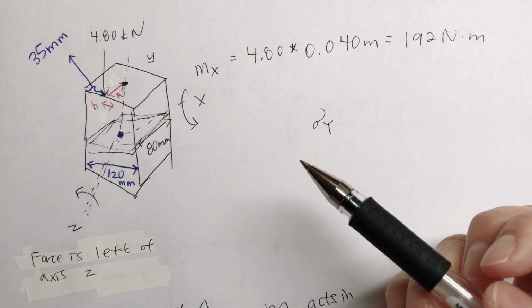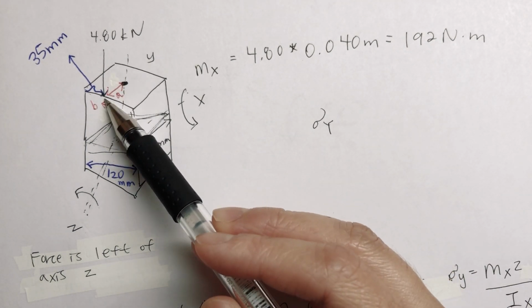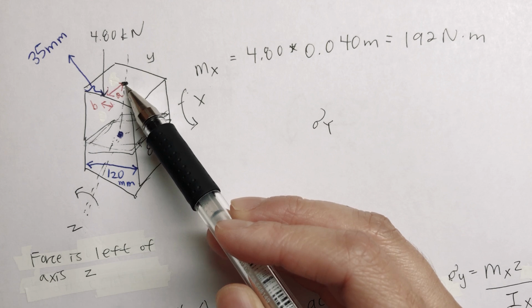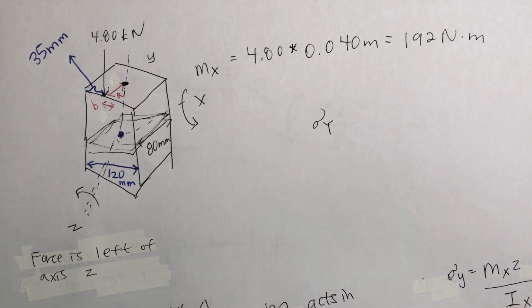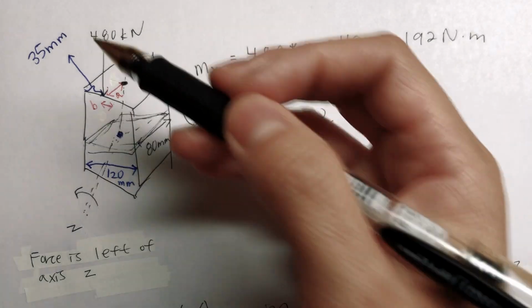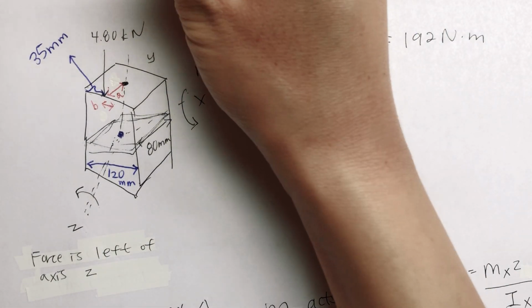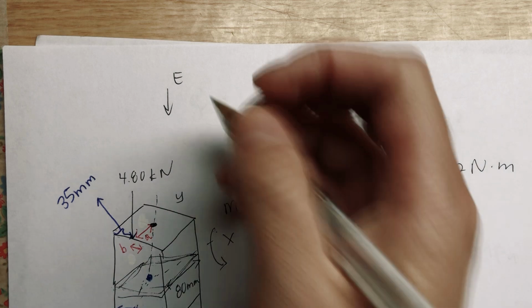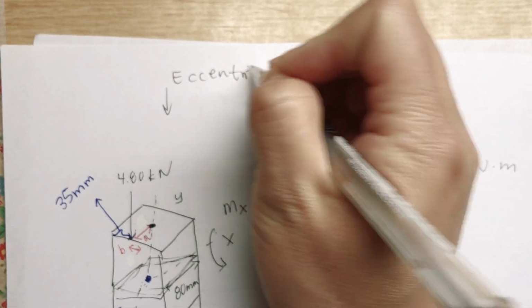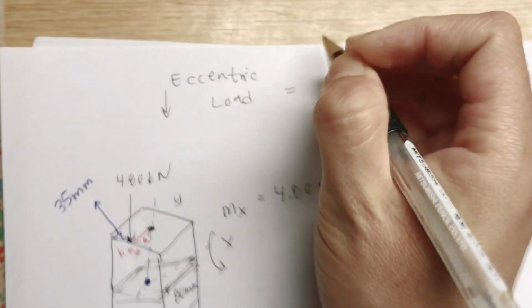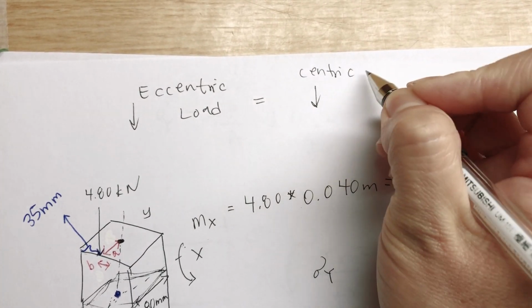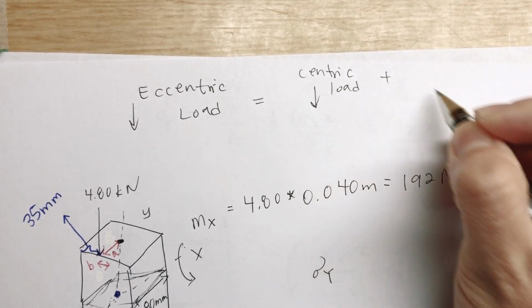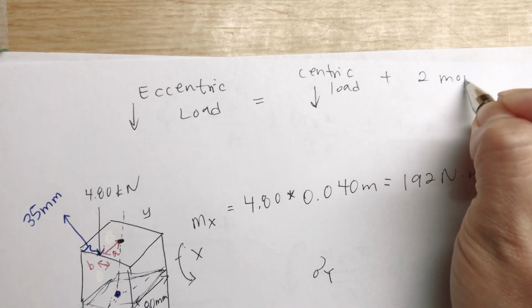Okay, so again, what are we doing? This is an eccentric load, so we're going to find an equivalent, which is eccentric load plus 2 moments, mx and mz. Okay, so this eccentric load is equivalent to a centric load at the centroid plus 2 moments.